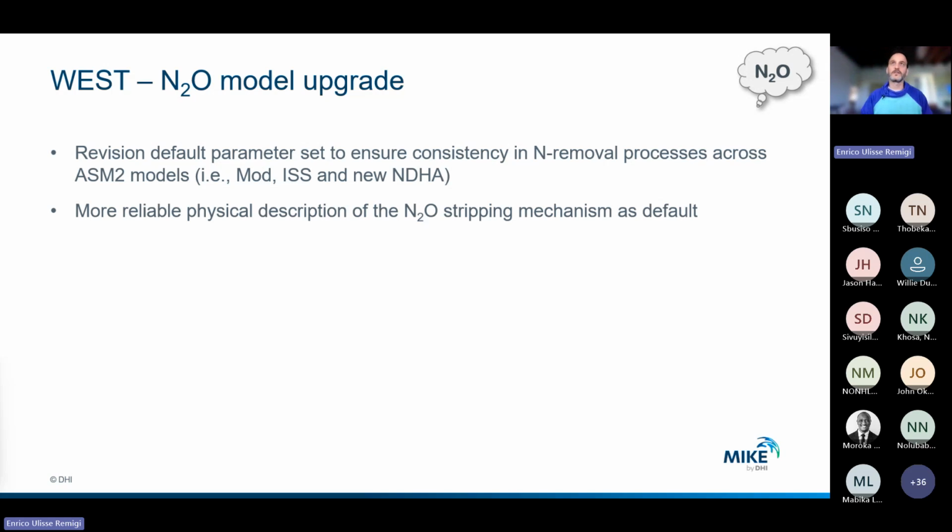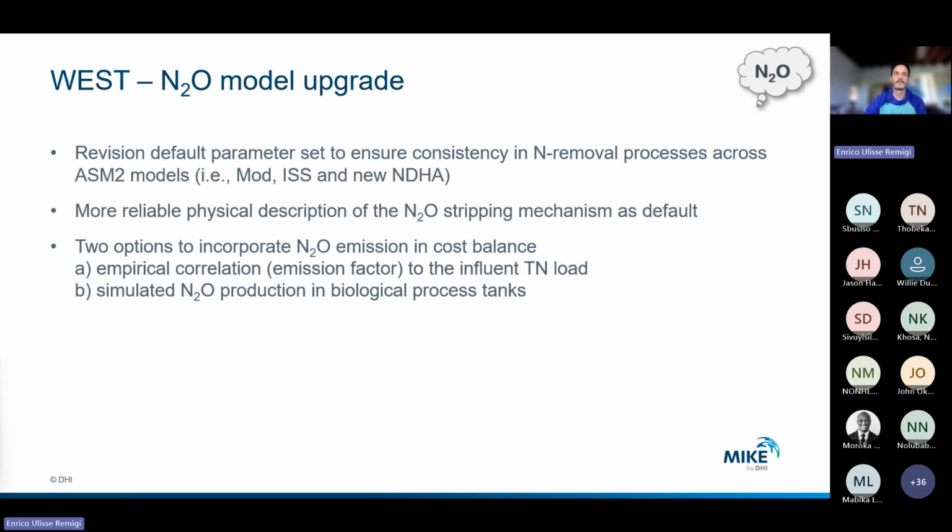For instance, nitrate, and it's like a baseline, so all will predict the same level of nitrification, denitrification, and obviously different variations of the model will add some complexity into the process, like NDHA. There's a more reliable description of the stripping mechanism, and in particular Barbara has been working on this.